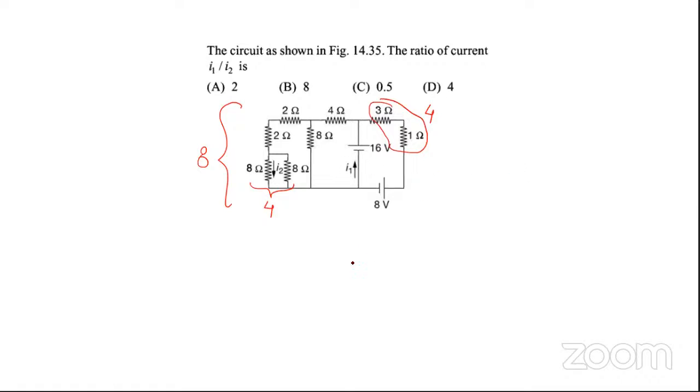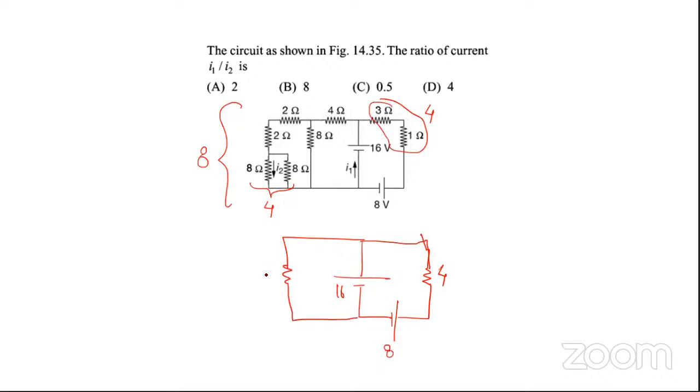So I can see that if I make this as 4, this is 8, this is 16, and over here I can make a single resistor of 8.